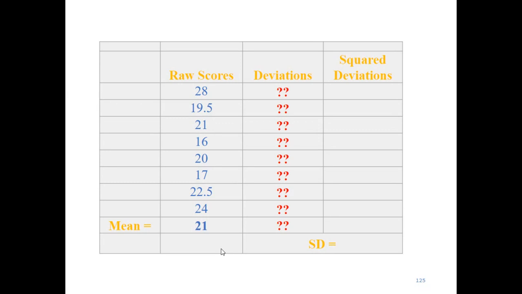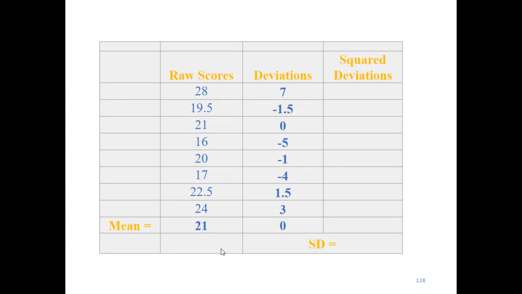Remember I told you there are a couple of ways to do that. One way is just subtract the mean from each of these raw scores, and you get this. Another way is to look at the score and calculate the distance between the mean and the raw score.